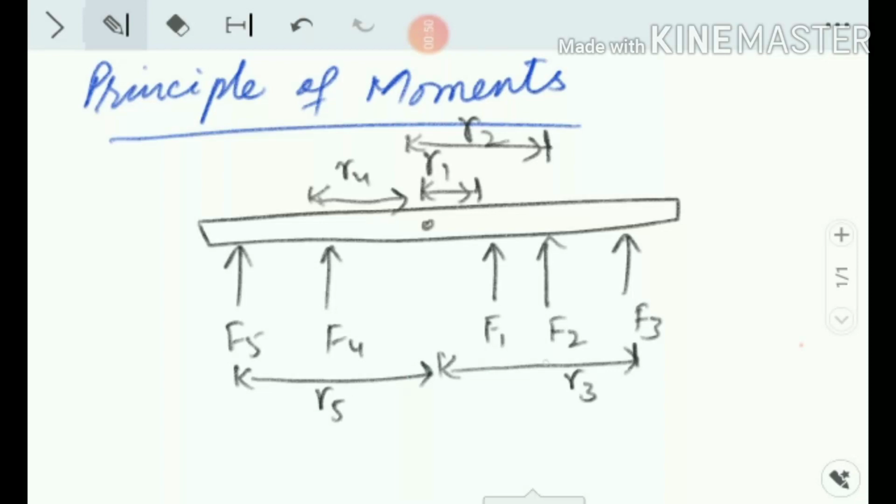So forces F1, F2, F3 are producing anti-clockwise torque, and F5 and F4 are producing clockwise torque.